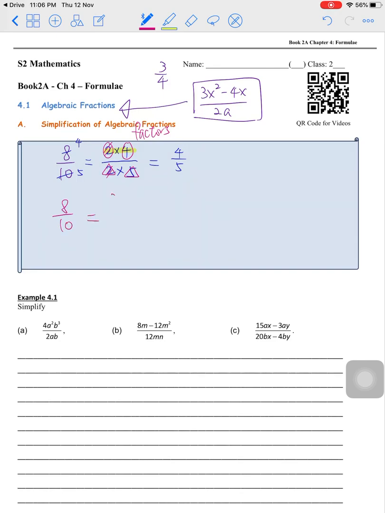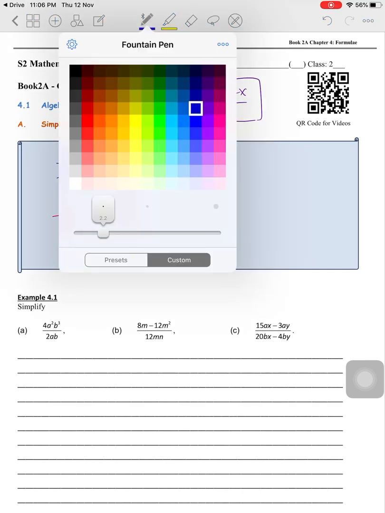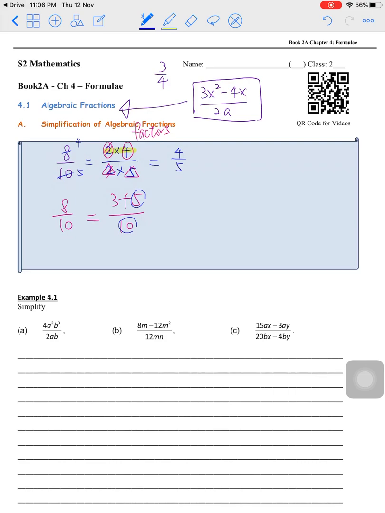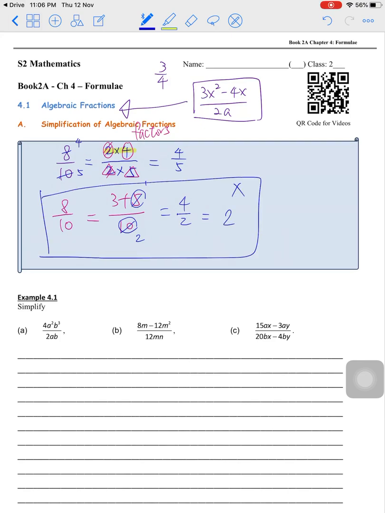For example, 8/10, you can write the 8 as 3 plus 5, and you still have the 10. Then 5 and 10, you can't cancel them out. We can't say that 5 and 10 we cancel it, we still have the 2 below, the 5 we still have the 1, then 3 plus 1 is 4, and then over 2 we have 2.